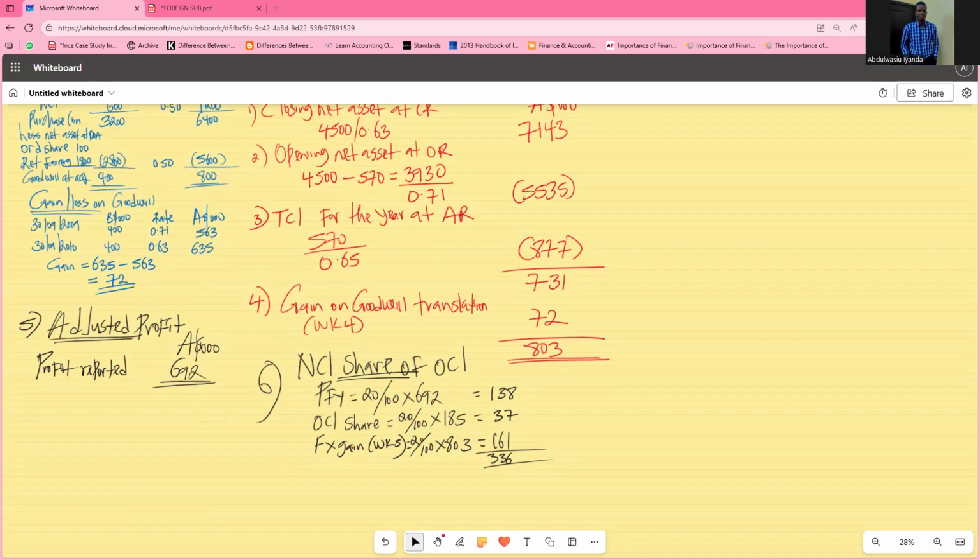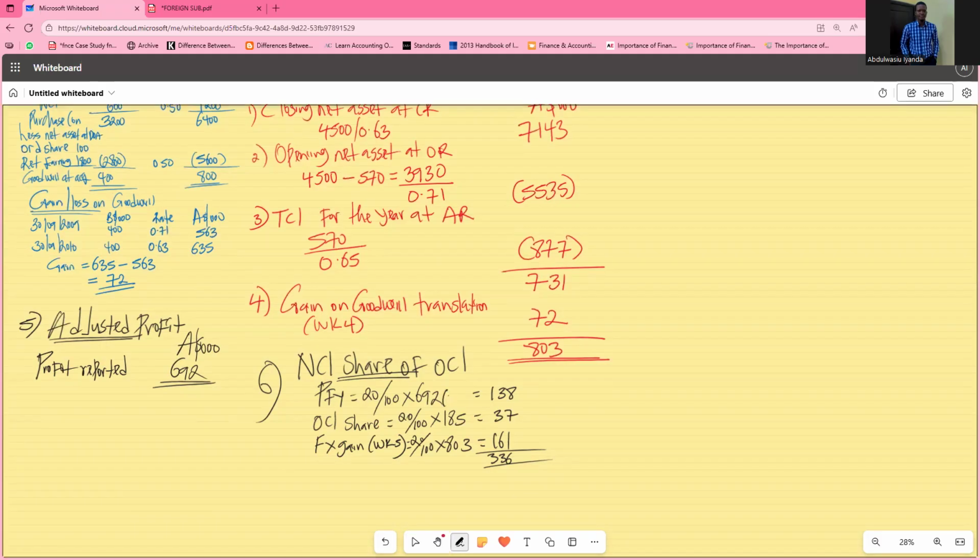And if you ask now, where is this 692 coming from? This should be from your working 5. The 692 is the net that you have in your working 5. Then the subsidiary also has some OCI, so you do 20% of it.